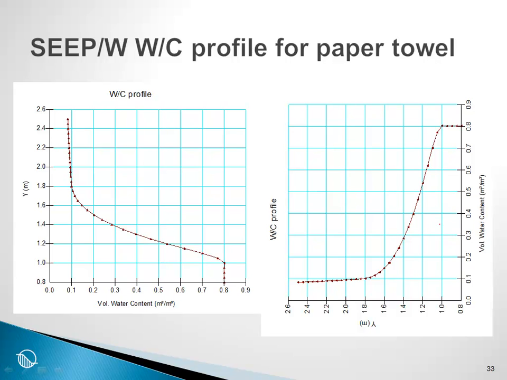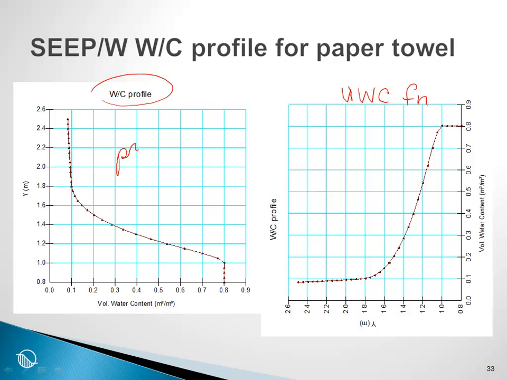Now, once again, we had plotted the volumetric water content profile in the paper, and if you turn this 90 degrees counterclockwise, you see the volumetric water content function.